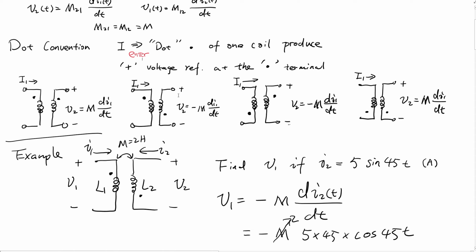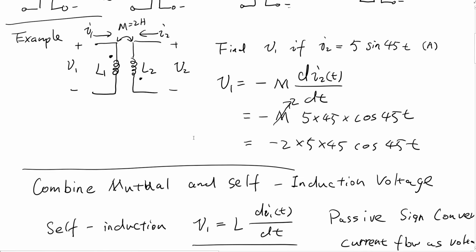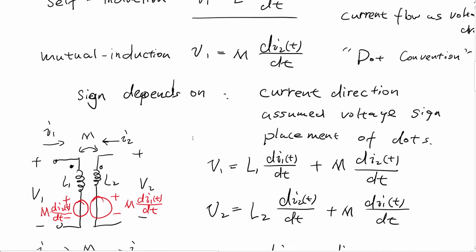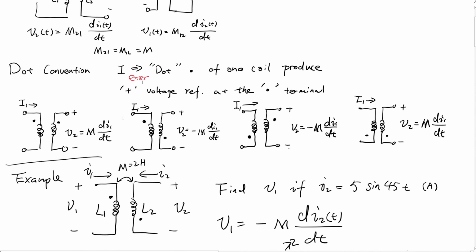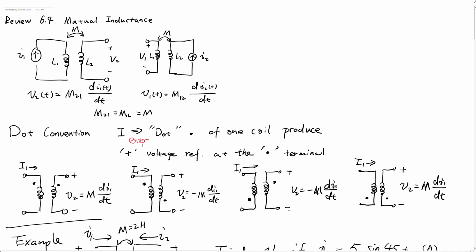After we know the dot convention, I'm going to skip this example and look at this circuit as well. In the previous example, only one side had a current. In this case, the secondary also has a current.